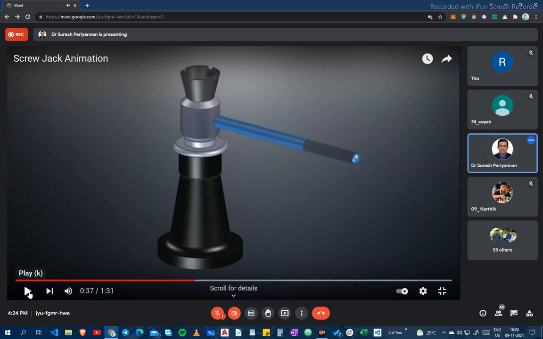I tell you one thing. This is our nut, going to be here. This is the screw here. This is the handle. This is the cup. This is a collar here.